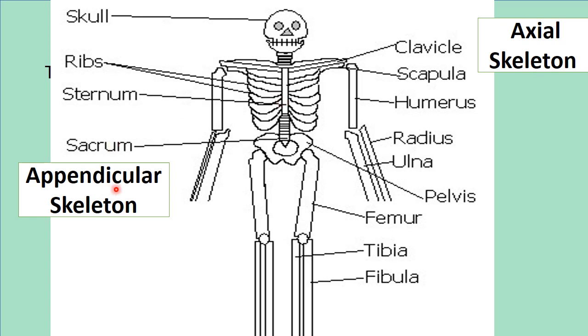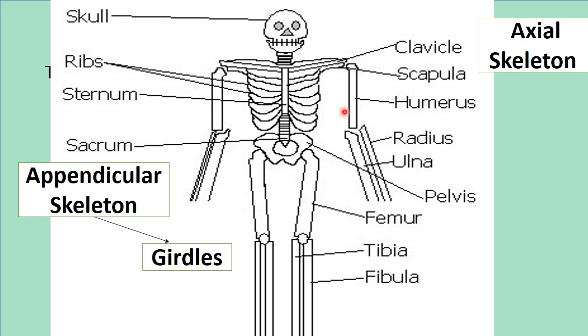But for the appendicular skeleton, we can again group the bones into two. The first group are called girdles. Girdles are bones that attach other bones to the exoskeleton. So this is the exoskeleton, the central or middle skeleton, and there are bones which attach these other bones to it.